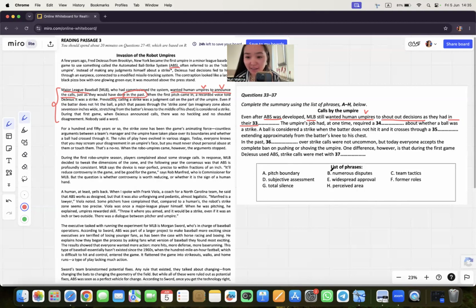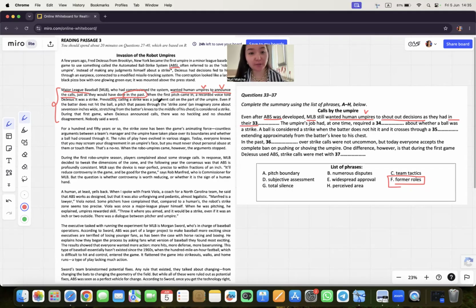So in the past, which is former roles. As you can see, we have nothing else than the past than this word former. Former means past. It's the other way to say the past. So that's a synonym of the past, former roles in the past. So this is how you do it. Very easy.